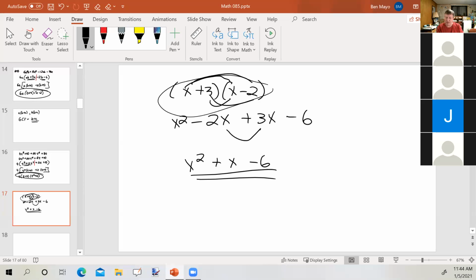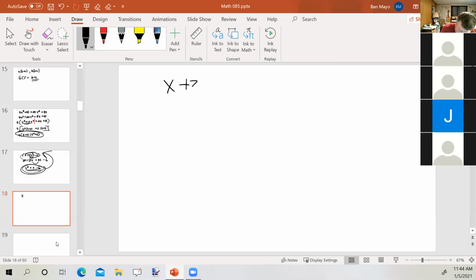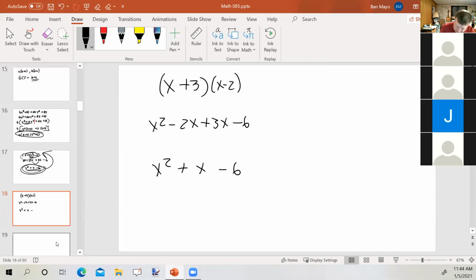So rather than taking x plus 3 times x minus 2 and getting x squared plus x minus 6, we're going to start with x squared plus x minus 6, and we're going to go backwards. So we're going to kind of undo the trinomial. Well, let me recopy that now that I've got all that mess there. I had x squared minus 2x plus 3x minus 6, x squared plus x minus 6. Okay.